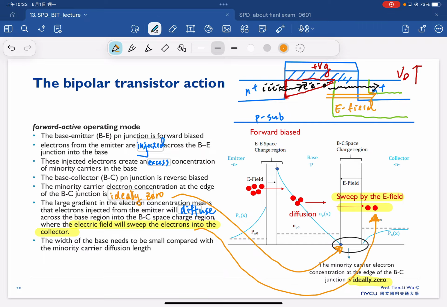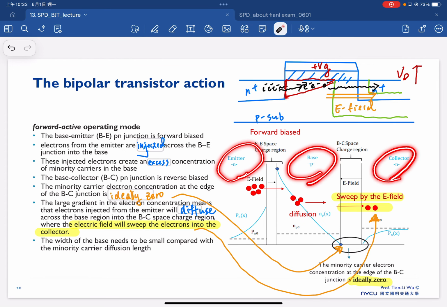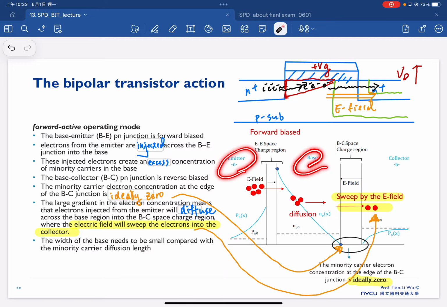So therefore, if you look at these two transistor operations closely, you'll find that actually the operation mechanisms are very similar. In the bottom case, we have the emitter, base, collector, we have the NPN, and in the top MOSFET, we have the NPN, right?